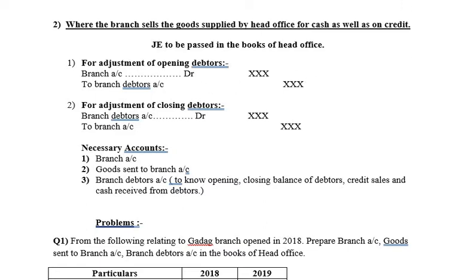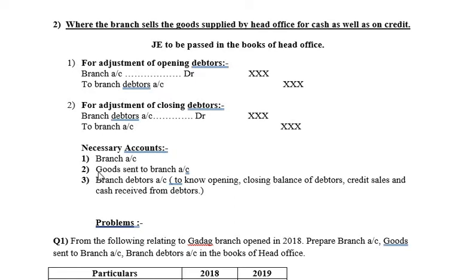If there is cash as well as credit, then you have additional accounts being prepared. If it is only cash, then you will make only the branch account, which we have seen in the previous class. But if there is credit being given, then there will be additional accounts opened. Which accounts will you open?